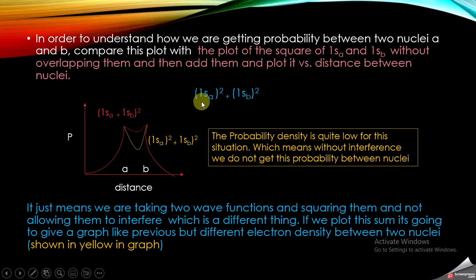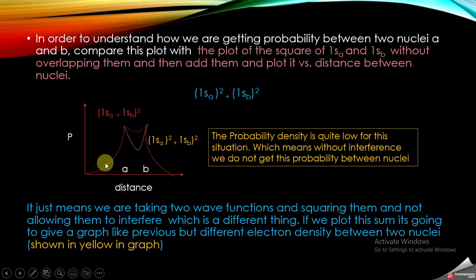We just simply take the atomic wave function of atom A and square it, and we take the atomic wave function of atom B and square it, and then we add it. This is also a probability density because it is the square of wave functions. And if you plot this versus the distance, what we get is a plot like this.